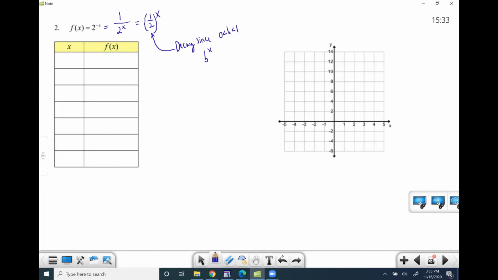Okay. So let's go ahead and come in here. And again, I want you to pick some values like -2, -1, 0, 1, 2. I probably should have picked, you know what? Let me undo that. Sorry for people who are writing their notes. Let me do this and we'll see why in a second. Okay. All right, let's go through the math together.